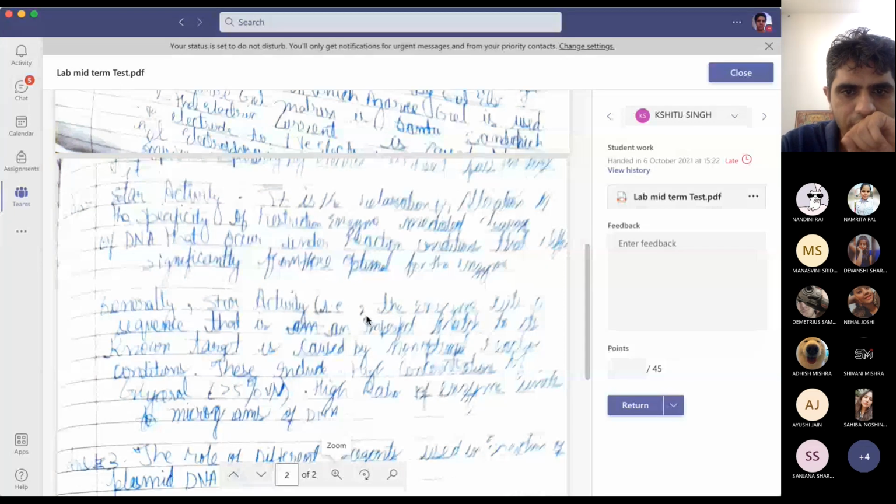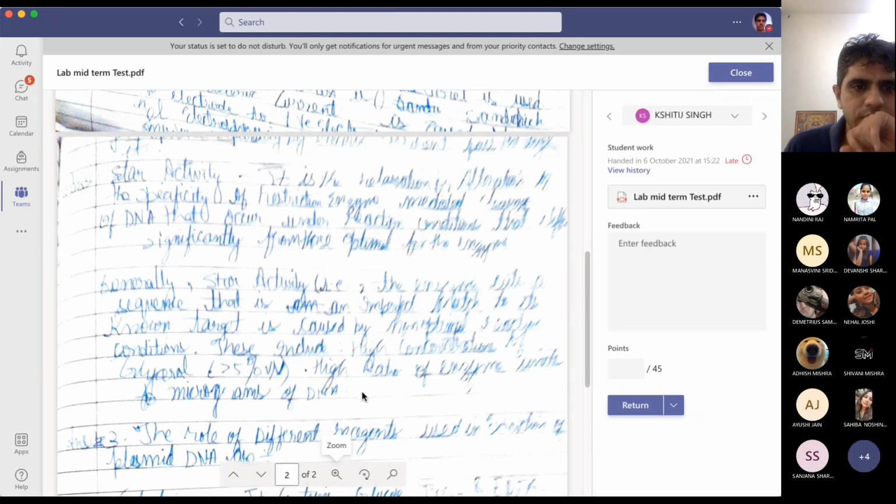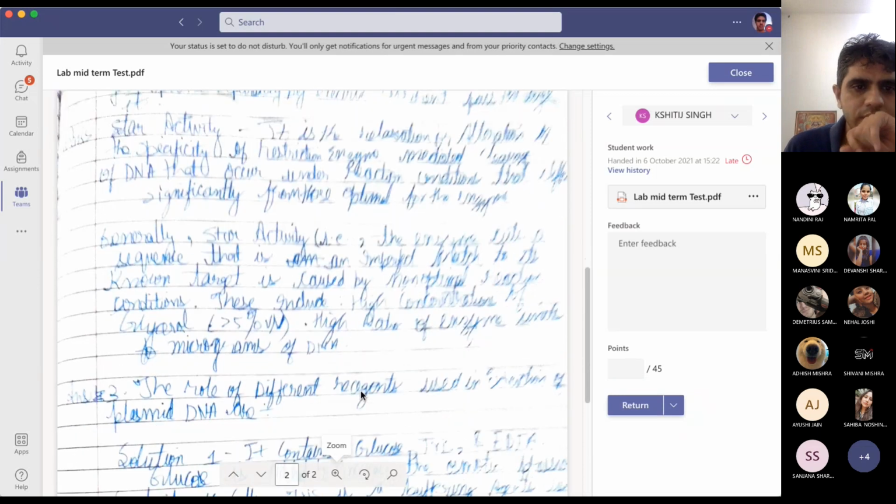Generally, star activity, that is the enzyme cutting a sequence that is an imperfect match to its known target, is caused by non-optimal reaction conditions. These include high concentration of glycerol, greater than 5% volume, and a high ratio of enzyme units to micrograms of DNA. Okay, so this is a bit better.